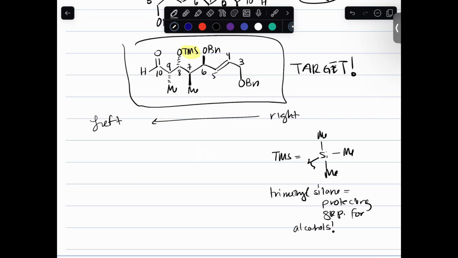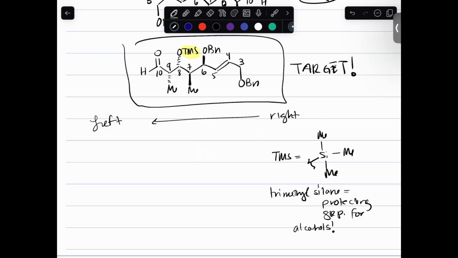Okay. Again, we'll talk about the conditions of how you put on these protecting groups, but these protecting groups are typically for alcohols because alcohols are so acidic and they're so reactive, they can oxidize, they can get deprotonated. And so in order to avoid all of that, you add protecting groups because you're going to continue with other transformations.